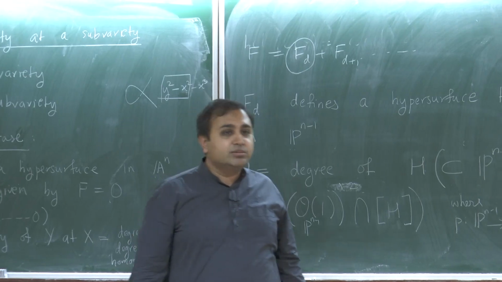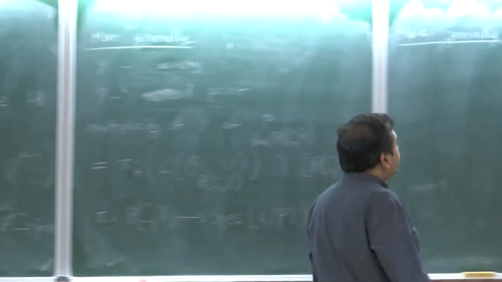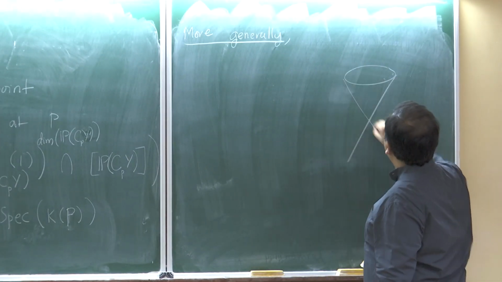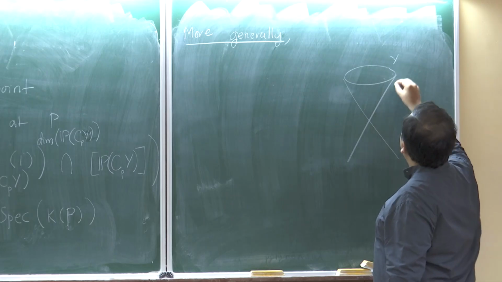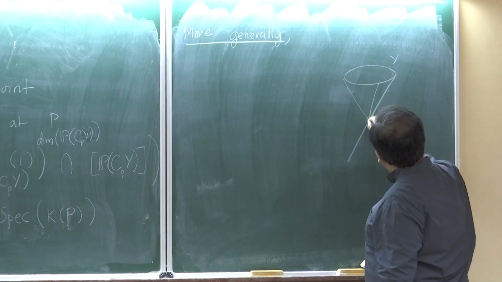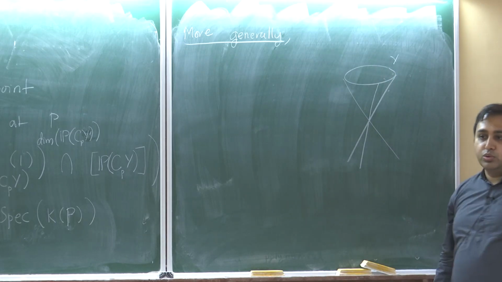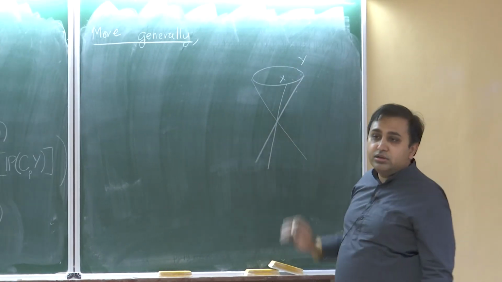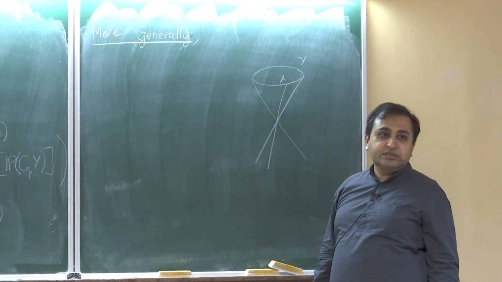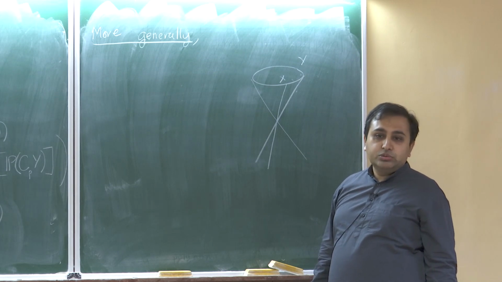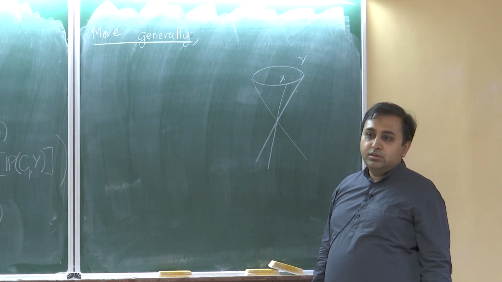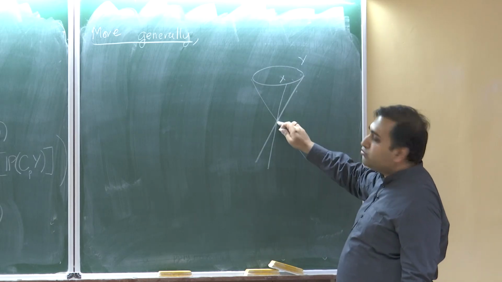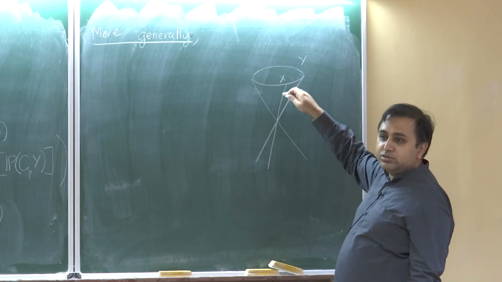This is a little more subtle problem, because let us look at something like this: there is a cone. This is my Y, and then I take a line along the cone, and this is my X. Now I want to talk about the multiplicity. What should I do? At most points except for this one, this is all quite nice.